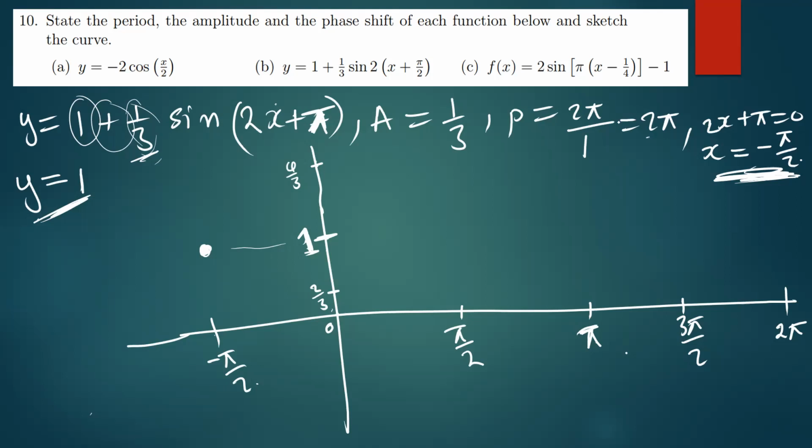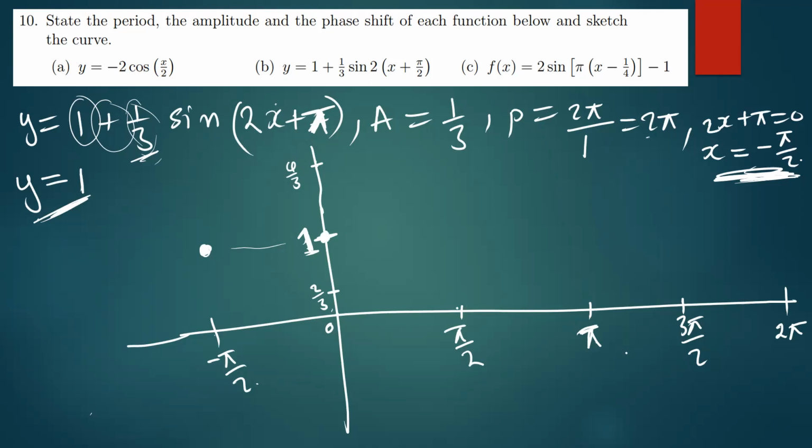So the period is 2 pi. Okay, so this is what we have. All right, so let's try to put x as 0 there. So we expect to have another point there.